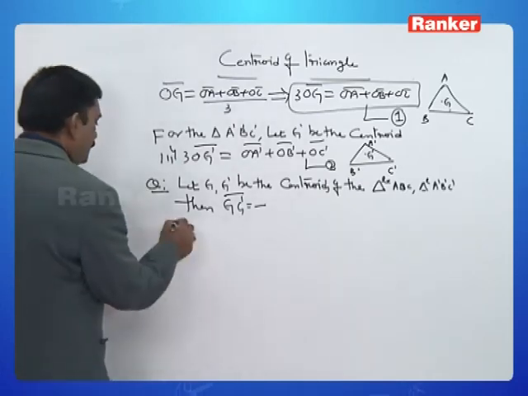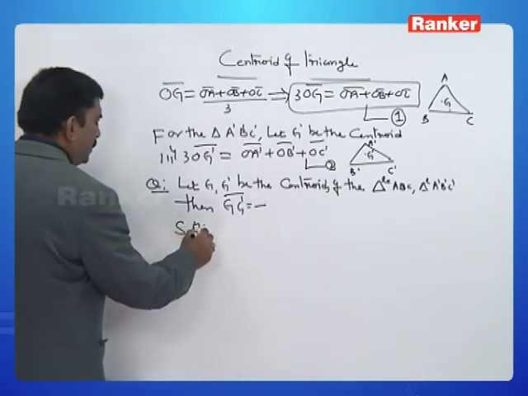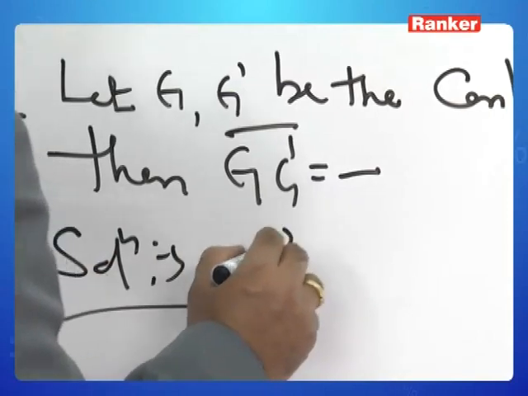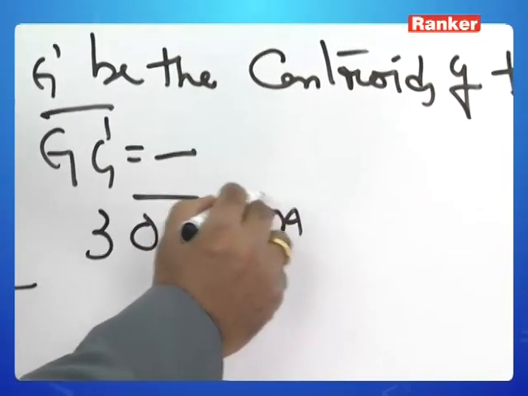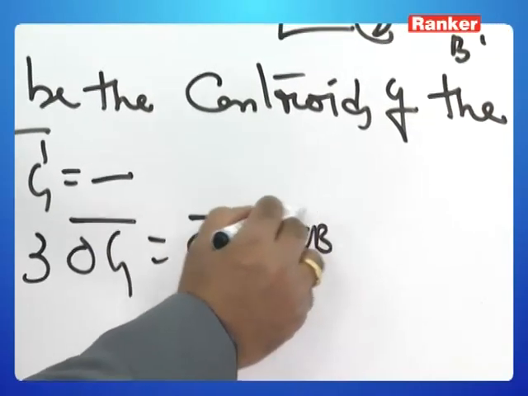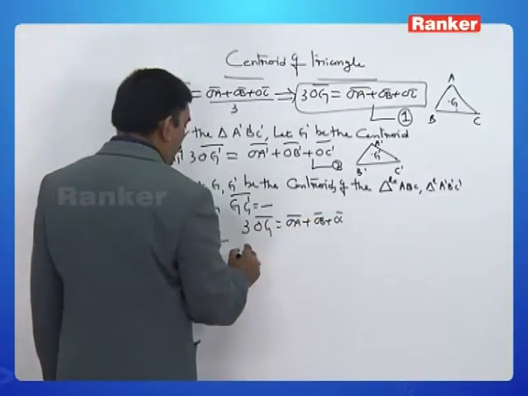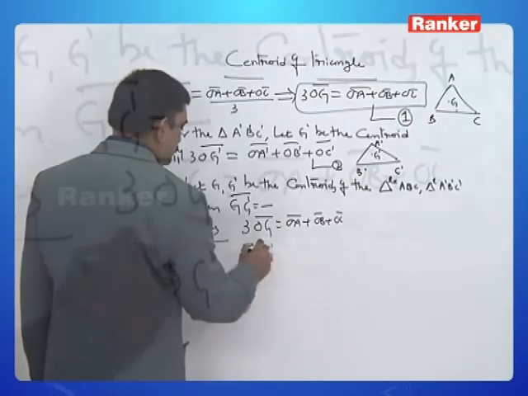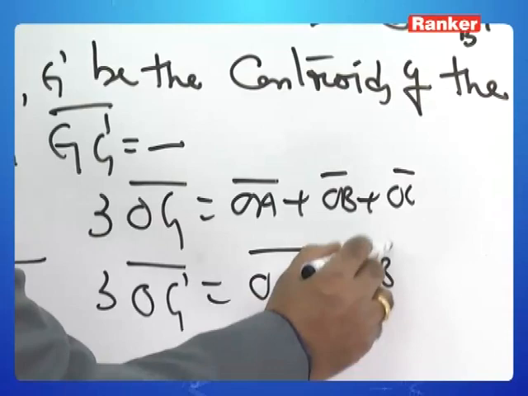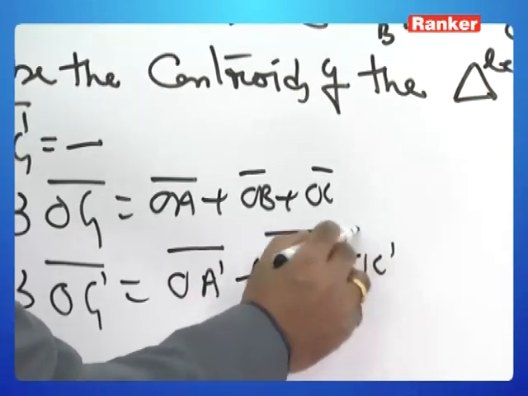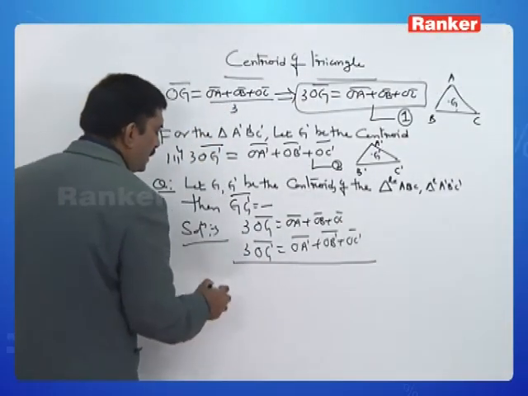So the solution for this is: we know that 3 into OG bar is equal to OA bar plus OB bar plus OC bar, and similarly for the dashed one. Subtract.